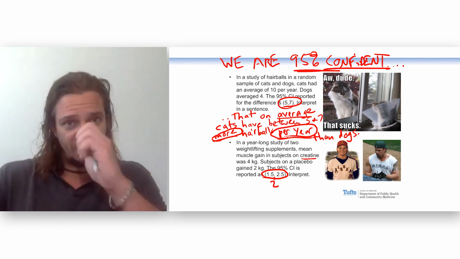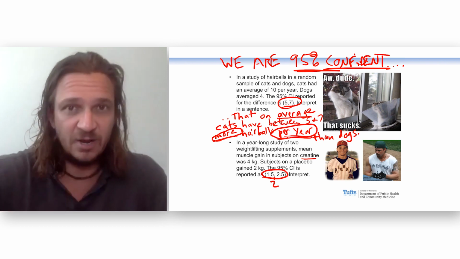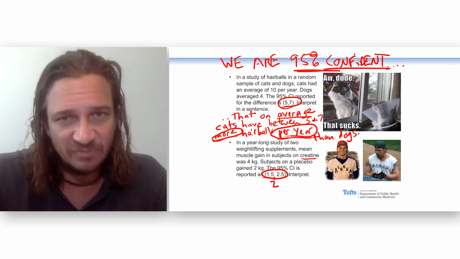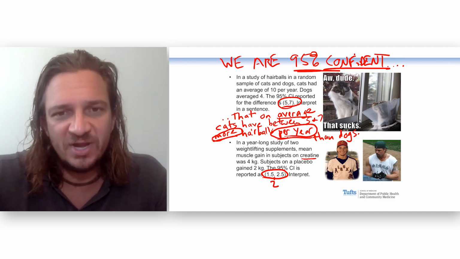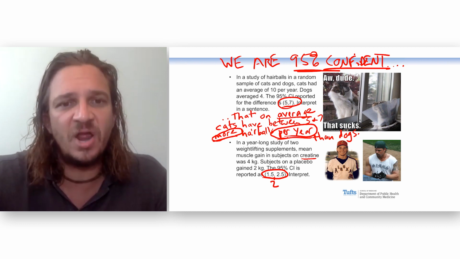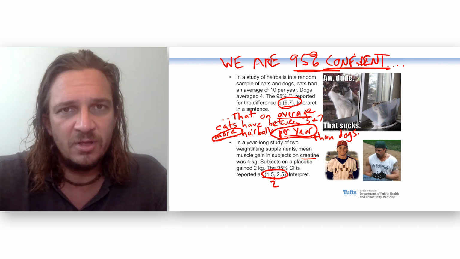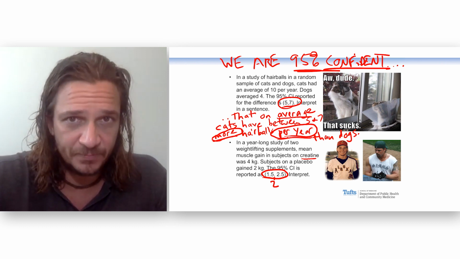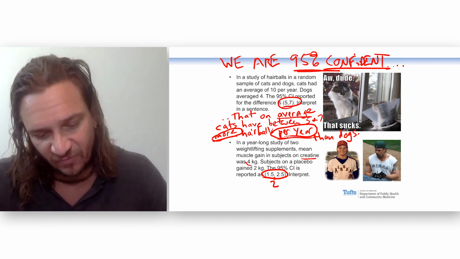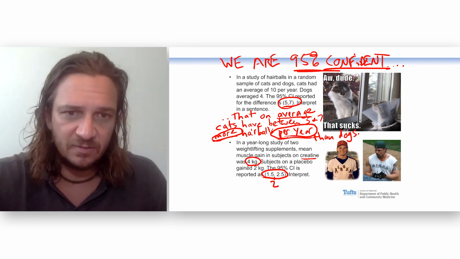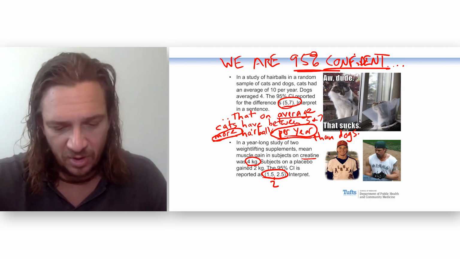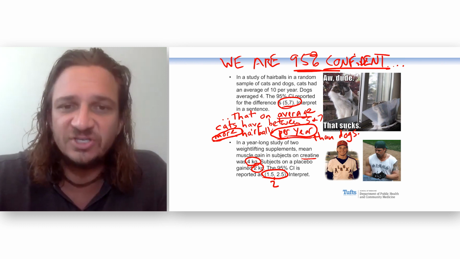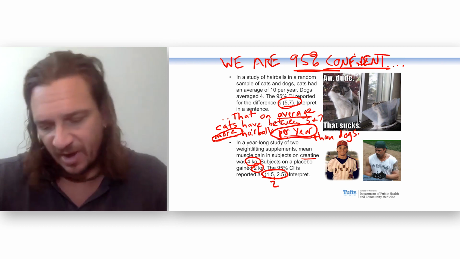The confidence interval is the point estimate plus or minus 2 times the standard error, so that has to be right in the middle. People on creatine gain 2 kilograms per year more than people on a placebo. You can also double check that too. If we look, this treatment group gained 4, this control group gained 2. Great.